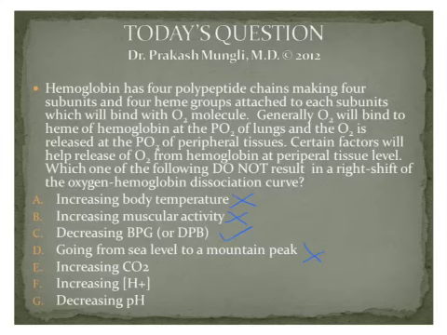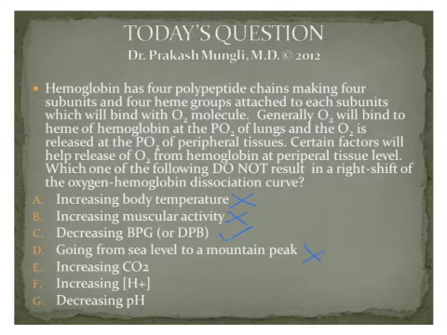Now increasing carbon dioxide. As I explained before, an increase in carbon dioxide is going to increase protons by forming carbonic acid, which breaks down into proton and bicarbonate. So increased carbon dioxide indicates increased protons, and increased protons will try to keep the hemoglobin in T state, shifting the curve towards right side.